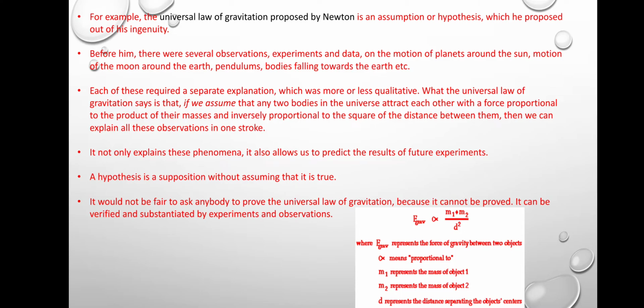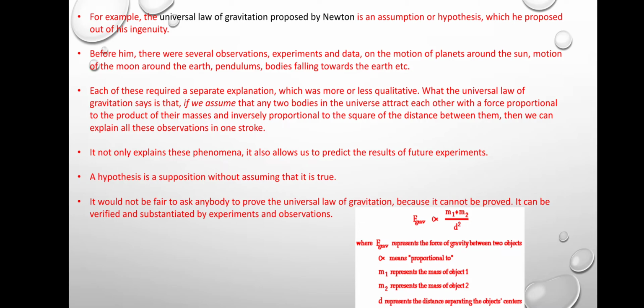If the sun's mass is m1 and the planet's mass is m2, the force between them is proportional to the product of their masses, and it is inversely proportional, that means divided by the square of the distance between them. If the distance between the sun and the planet is some millions of kilometers, then it's the square of it, right, in astronomical units. Then we explain this phenomenon in one stroke. It not only explains these phenomena.